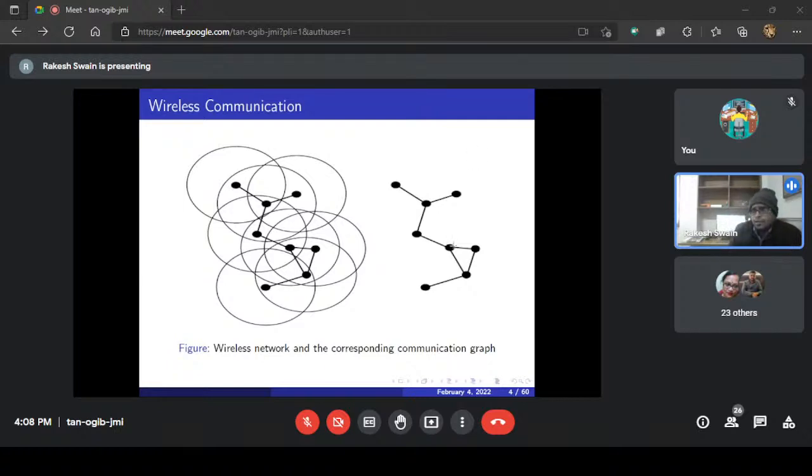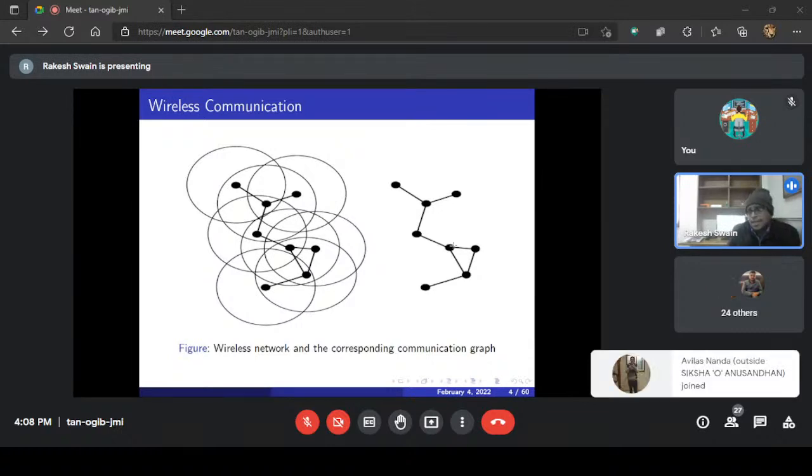You can say that nodes are connected to each other if they are within each other's transmission range, and they send their data to their neighbors, basically in a multi-hop manner. Again, it depends upon the application how they send their data, either multi-hop or single hop.